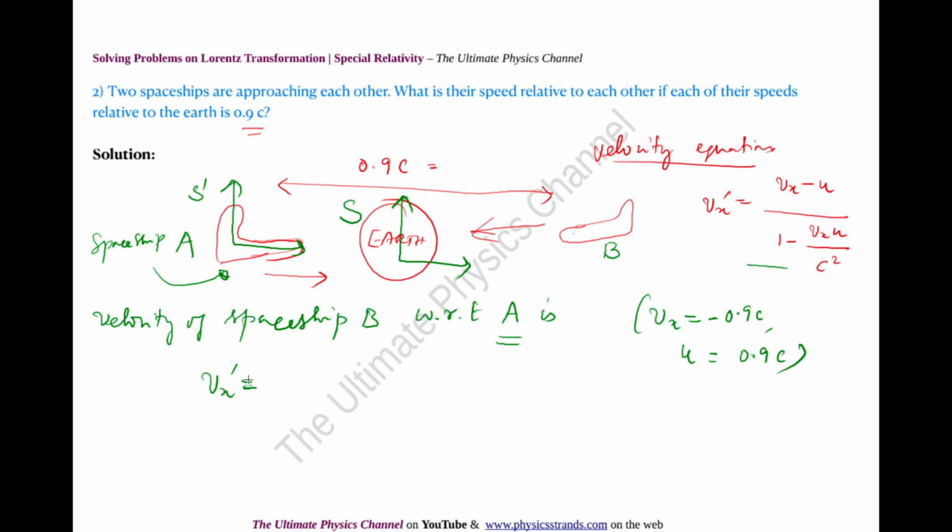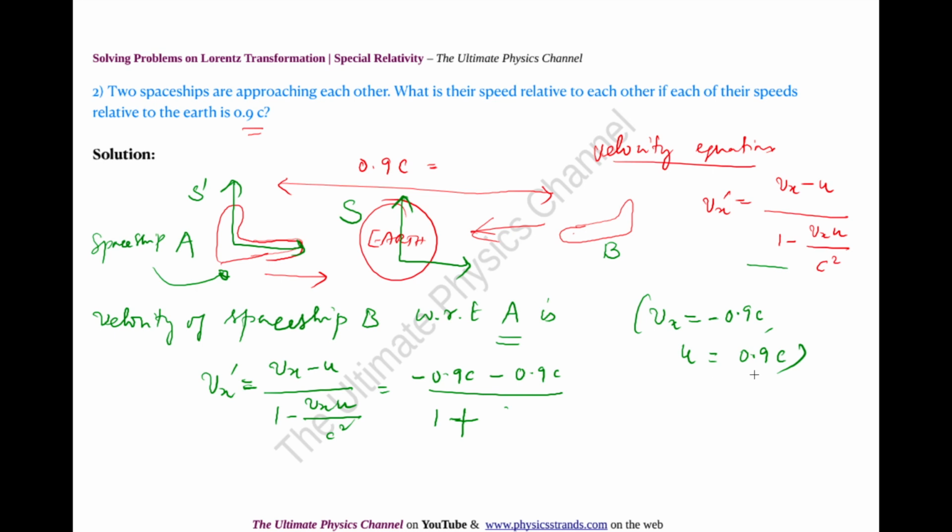So we can substitute those values here. Our formula is again Vx minus u over 1 minus Vx u over c squared. So it is minus 0.9 c minus u, which is again 0.9 c. Then in the denominator, 1 minus minus 0.9 c, so minus becomes plus, 0.9 times 0.9 over c squared times c squared.